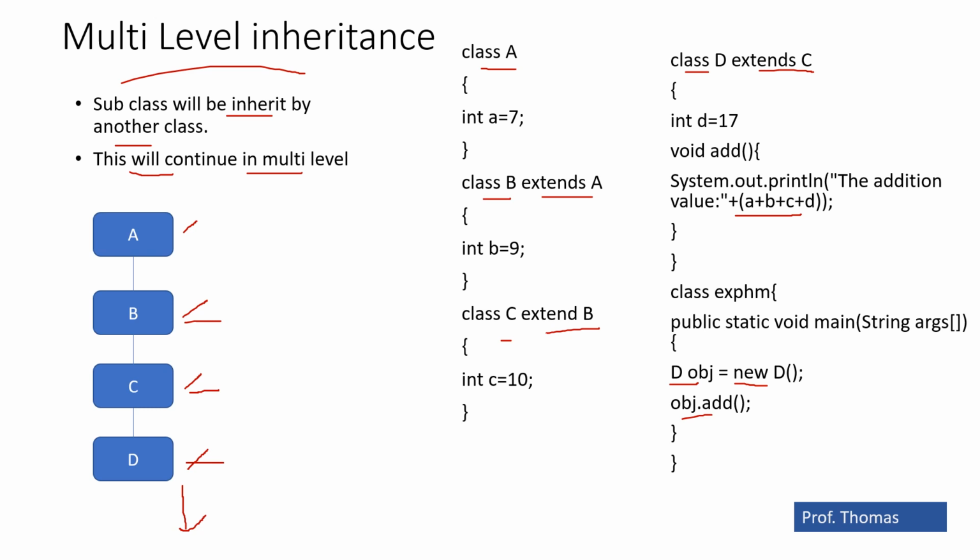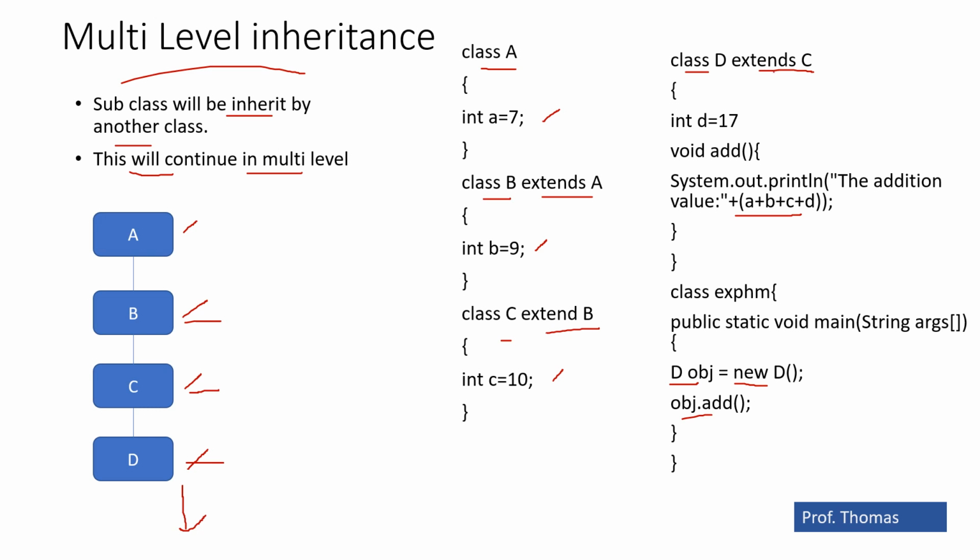Class B extends A, class C extends B, and class D extends C. So class D can access all of these class variables.